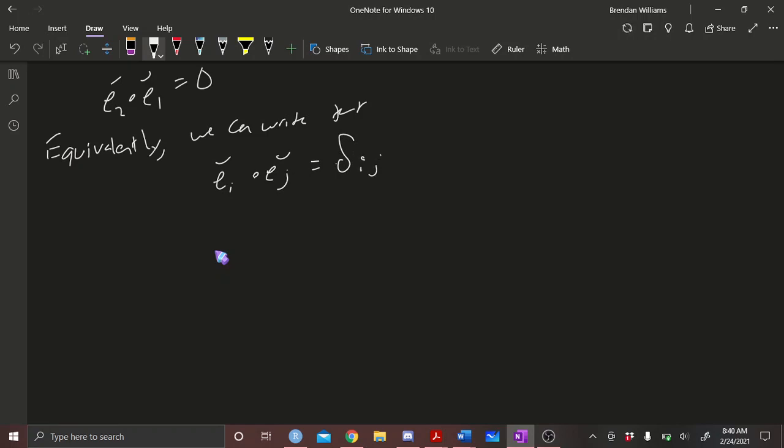We're defining delta ij to be 1 if i equals j, and 0 if i is not equal to j, which is just saying exactly the same thing as what we already had.